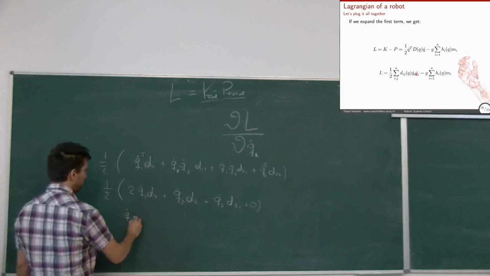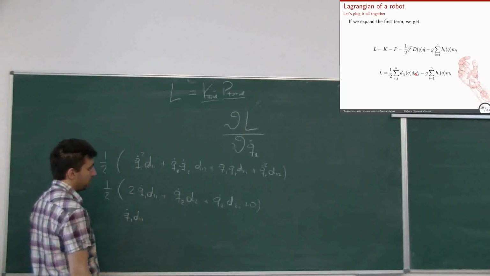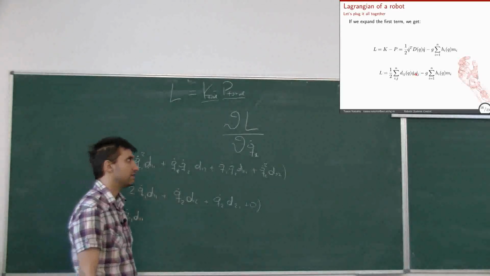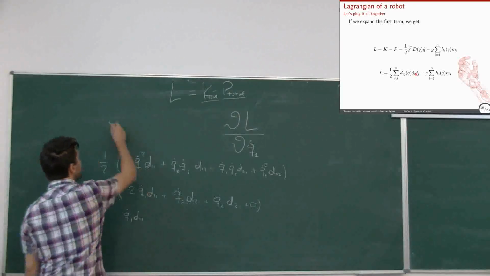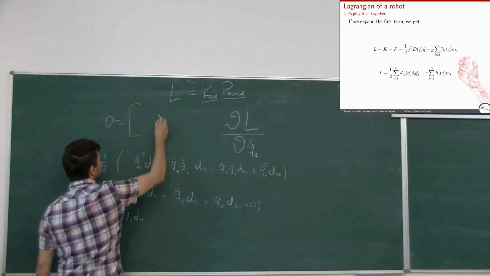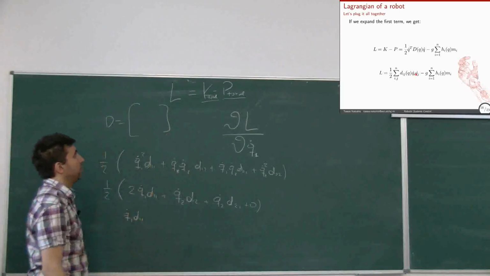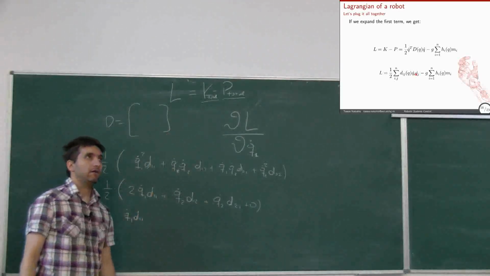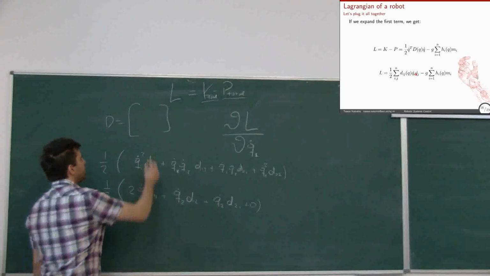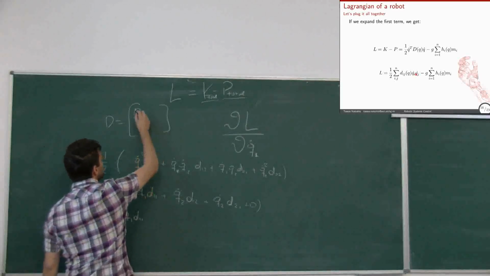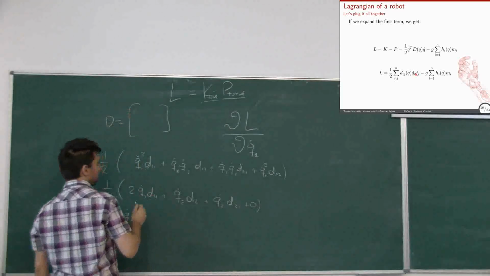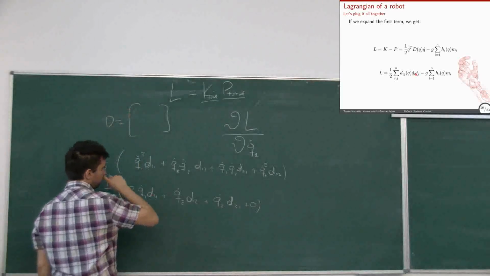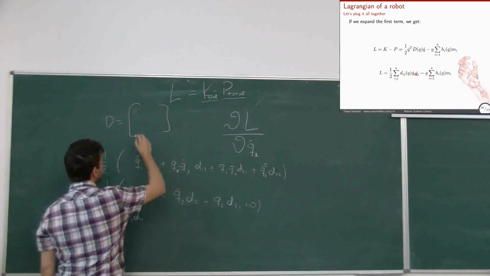q1 dot D11. Basically, that's something I did not really explain, but with this matrix D, the non-diagonal elements, they usually do not contain terms, or maybe they do.